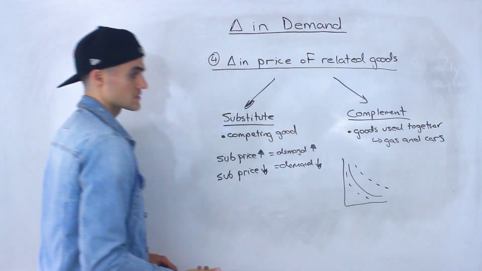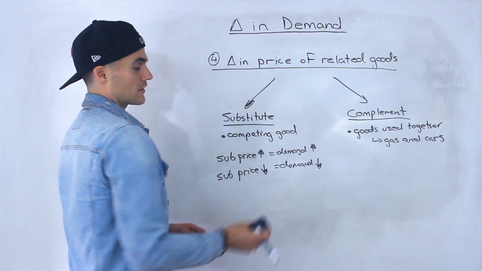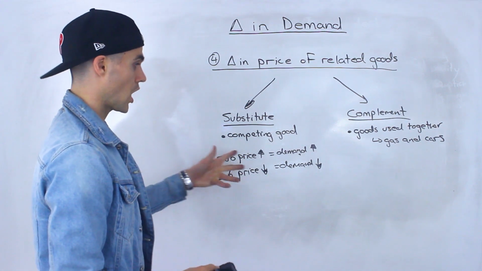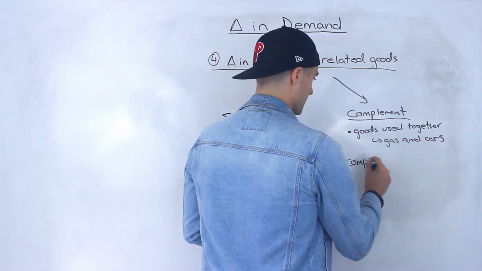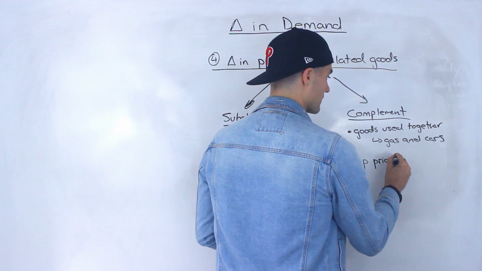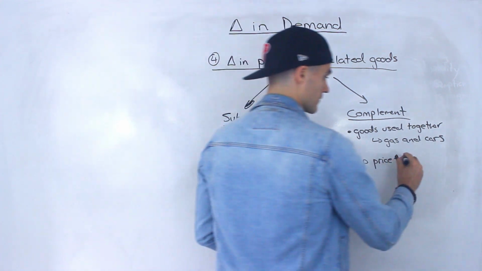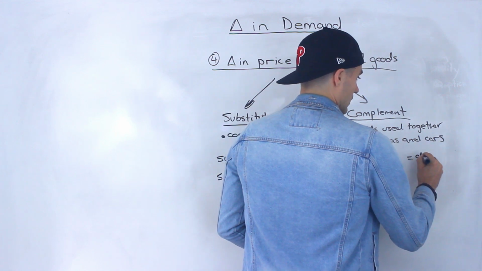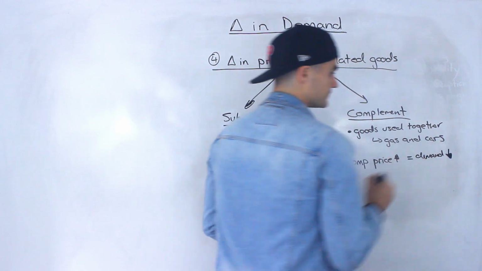There's going to be a decrease in demand. Right now, complementary goods or complement goods are the opposite of this. So if a complement price goes up, if gas prices go up, then the demand for cars is going to go down.